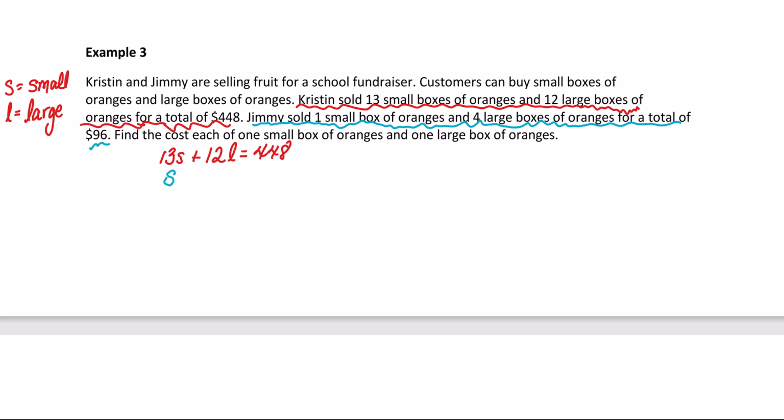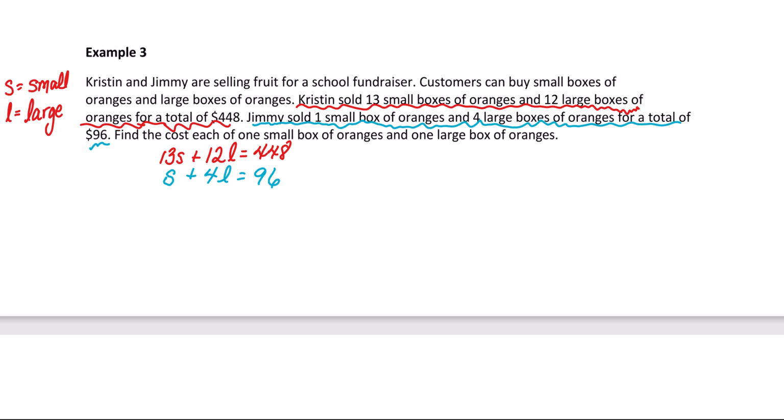So 1S, or just S, plus 4L equals 96. So again, I have my 2 equations, and then I can solve those any way I want. Let's use elimination. Let's change our L's so they are opposites, just because this is just multiplying by 3, -3, and that's a little bit easier to do there.